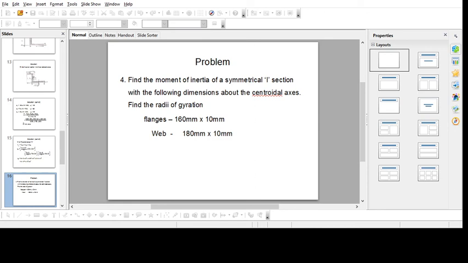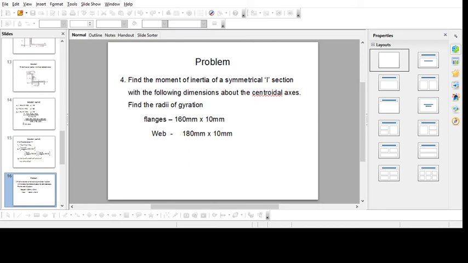Also, now radius of gyration about the y-axis, it is under root of Iyy by A, is equal to 68.4 into 10 to the power of 5 by 5000.